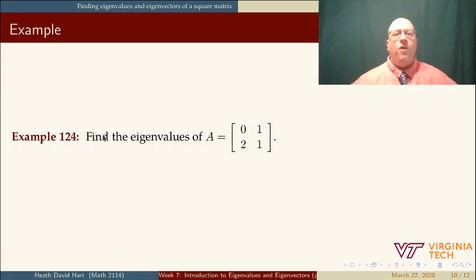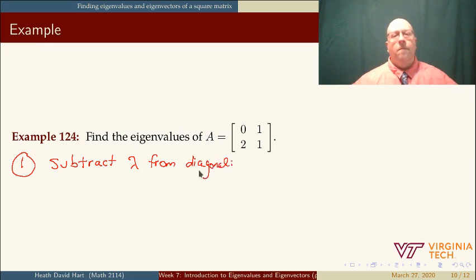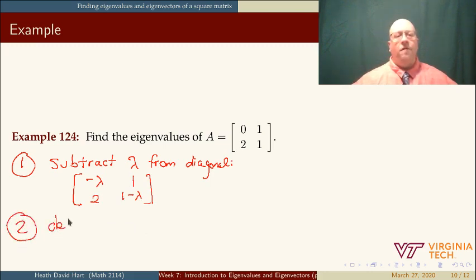This is example 124. I want to find the eigenvalues for this matrix. So the first thing I'm going to do is subtract lambda from the diagonal. And that gives me the matrix negative lambda, 1, 2, 1 minus lambda. Then the second thing I'm going to do is take the determinant of this.